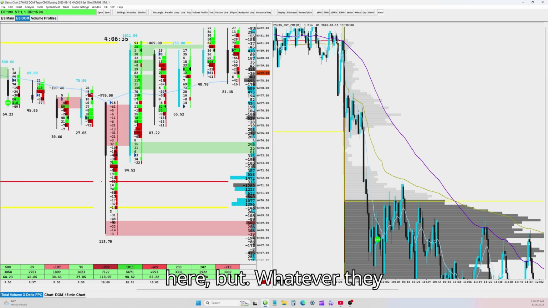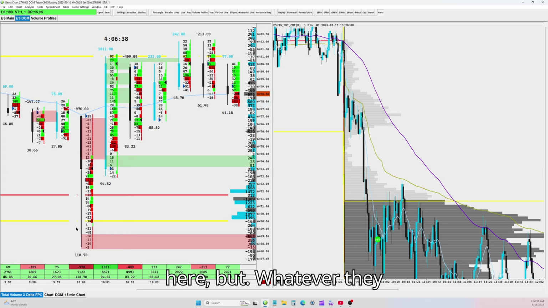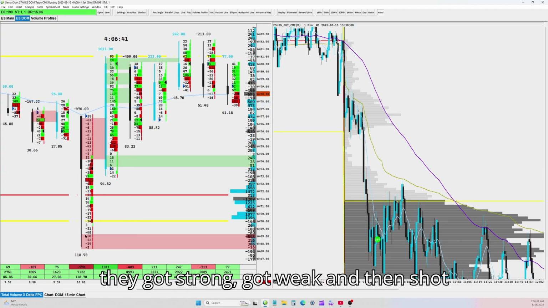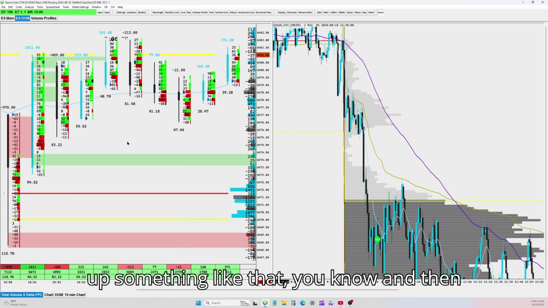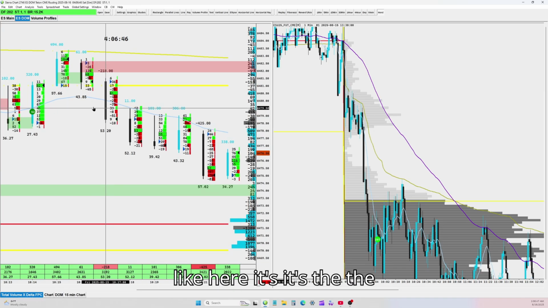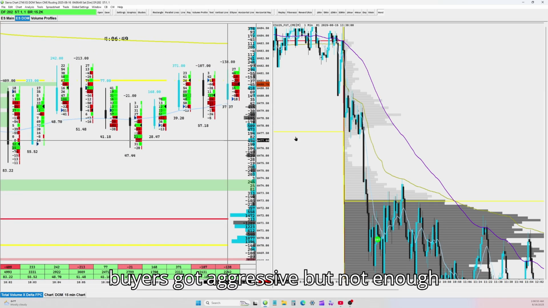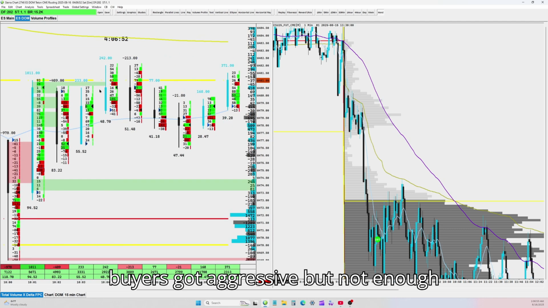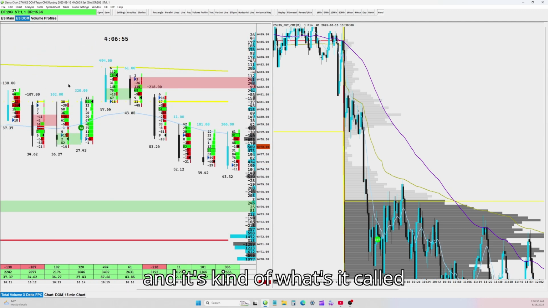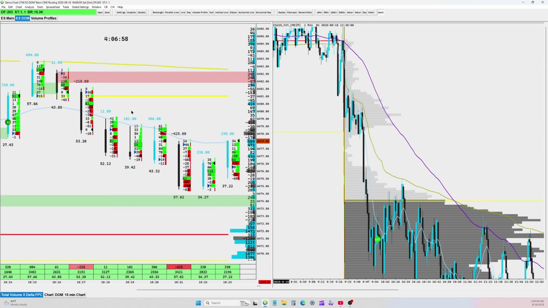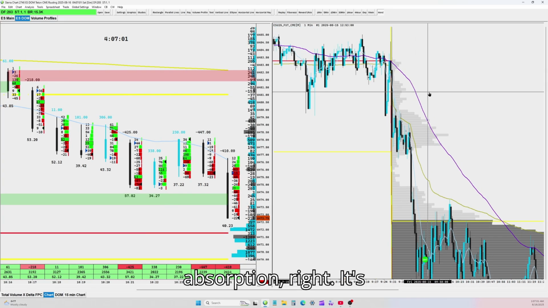I'm able to see, okay, the sellers are here, but they got strong, got weak, and then it shot up, something like that. And then here the buyers got aggressive but not enough, and it's kind of, what's it called, absorption, right?